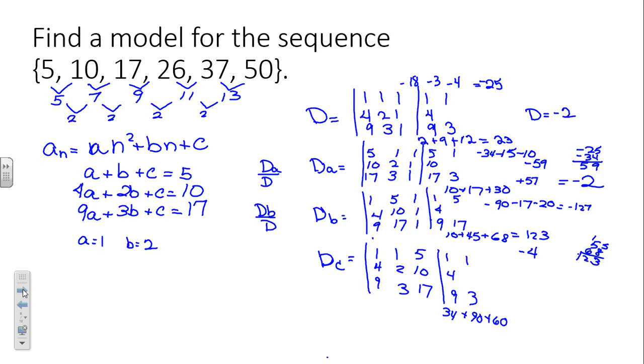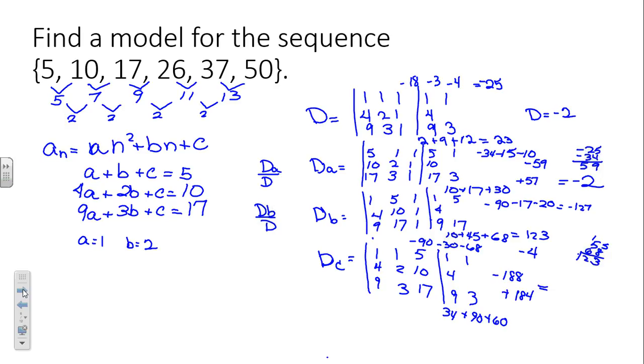Upward diagonal 10, 90, negative, and negative 30, and negative 68. So 9, 10, 11, 12, negative 188, and a positive, what was it?